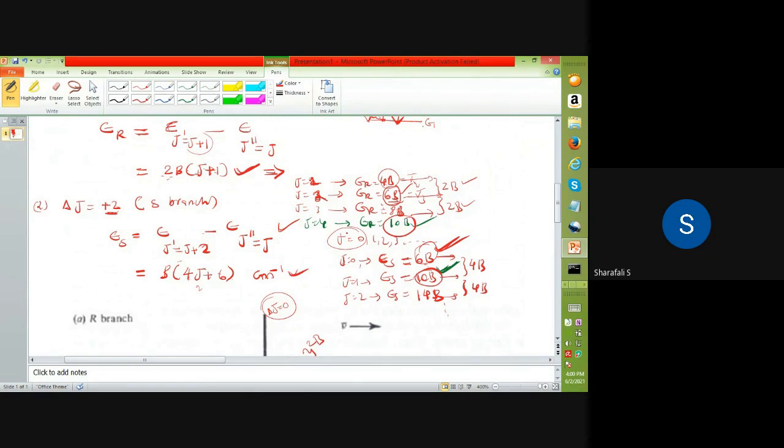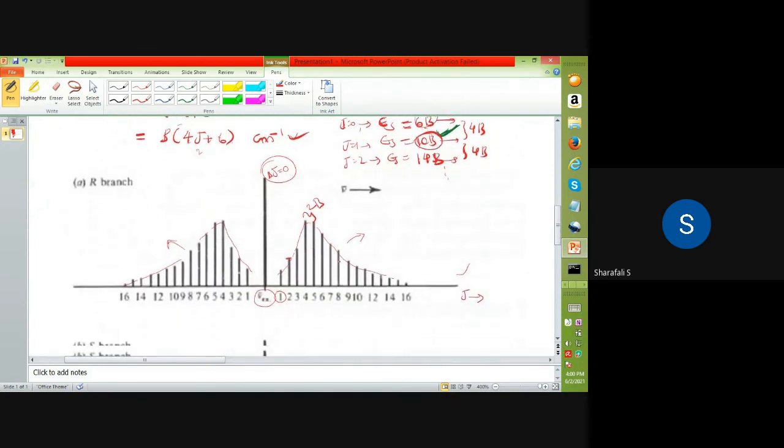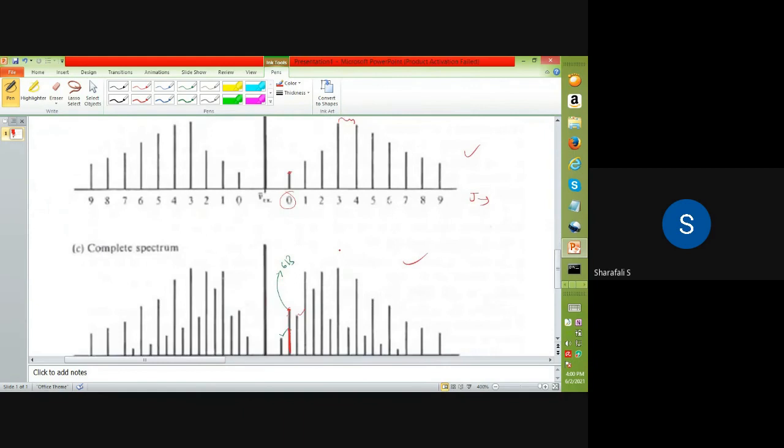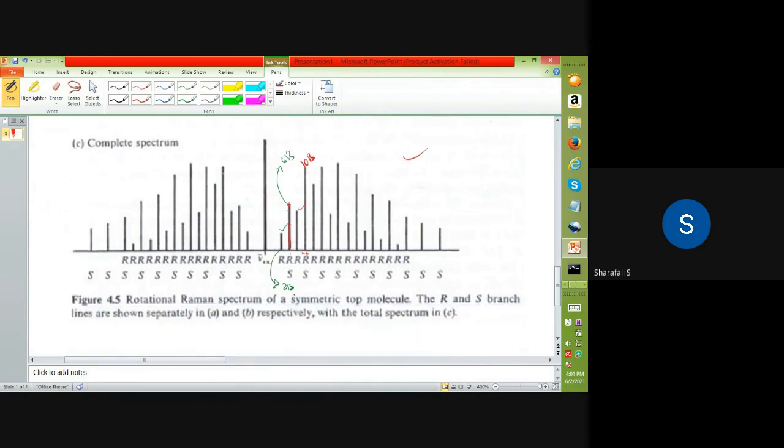So in that case, these two spectra will be at the same position and the total intensity will increase. So we can see that at 10B, we have a larger intensity as compared to the other spectra. You can see here, this is the 10B line. Okay. So that line also will have increased intensity because of the coincidence of these two spectra at the same position from the R branch and S branch.